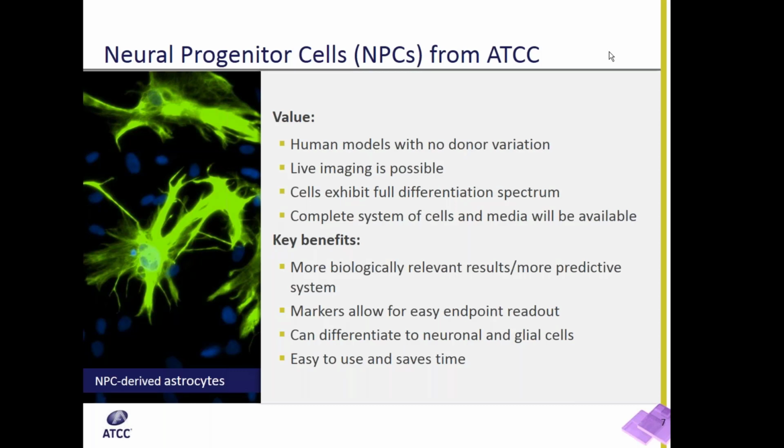So some of the key benefits of including NPCs in your research are they give more biologically relevant results and provide a more predictive system because they are derived from the same parental cell. Parkinson's disease neural progenitor cells provide a model that could better replicate the disease state in vitro.